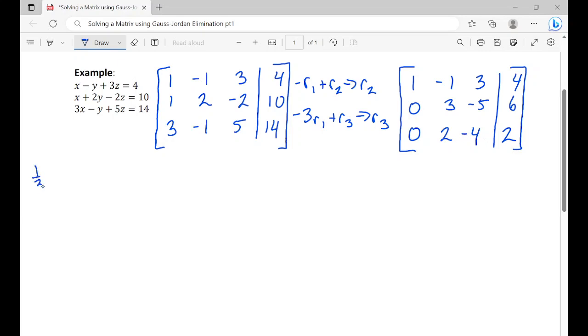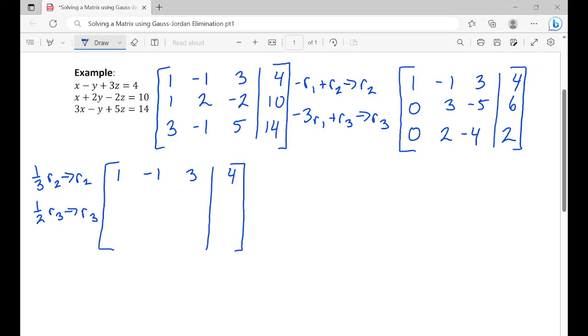So 1/3 row 2 for a new row 2, and then 1/2 row 3 for a new row 3. And since I'm getting a new row 2 and 3, row 1 stays the same. So 1, -1, 3, 4.